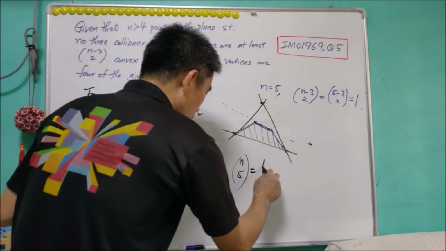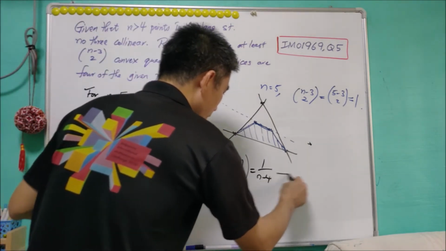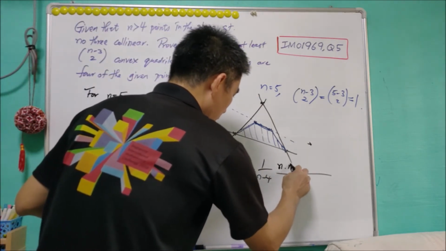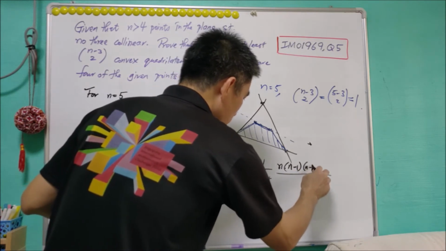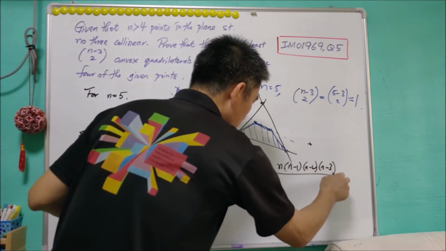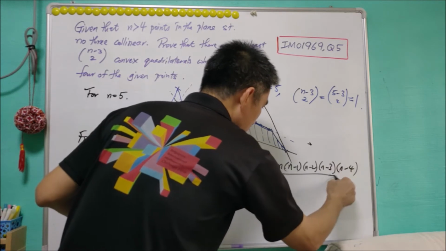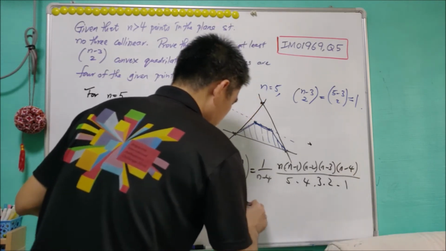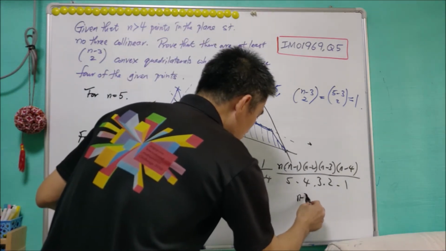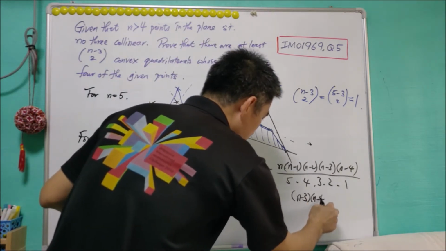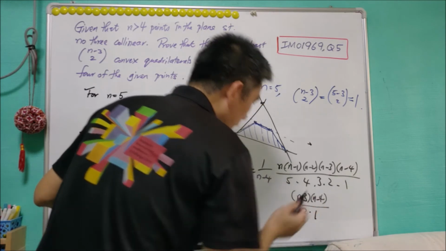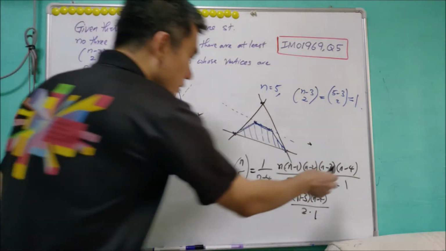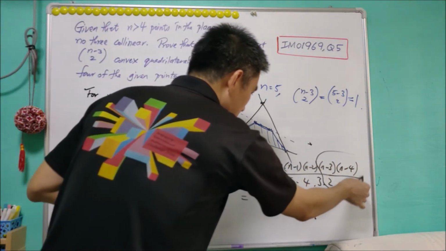This equals 1 over (n minus 4) times n(n-1)(n-2)(n-3)(n-4) over 5·4·3·2·1. And (n minus 3 choose 2) is actually (n-3)(n-4) over 2·1. So it actually comes from here.